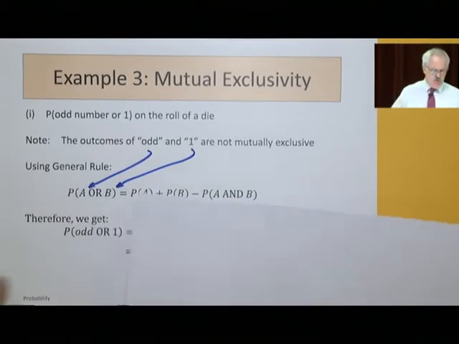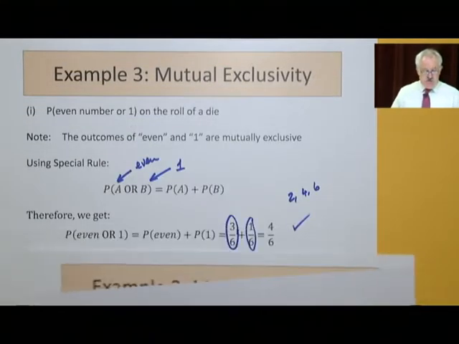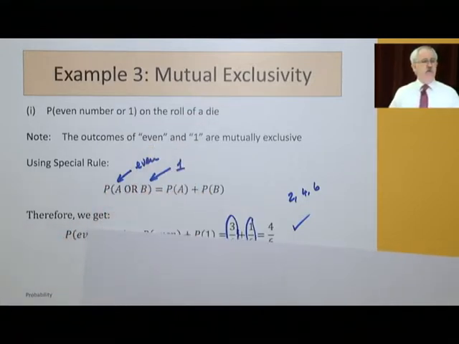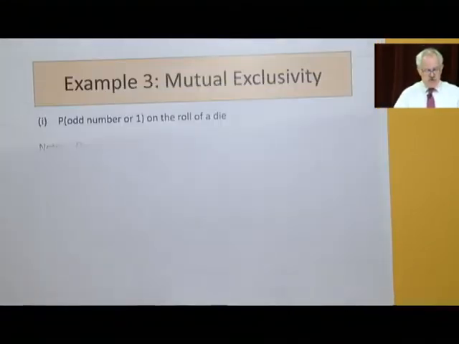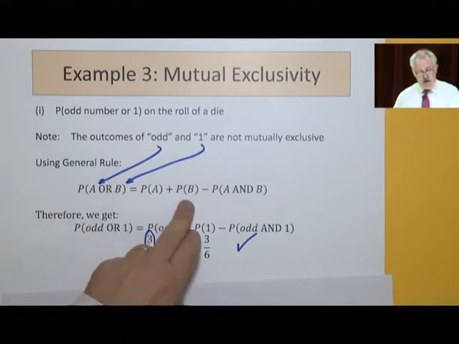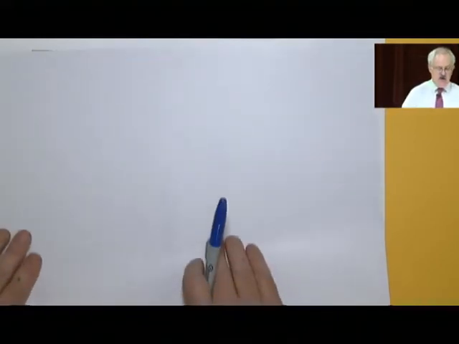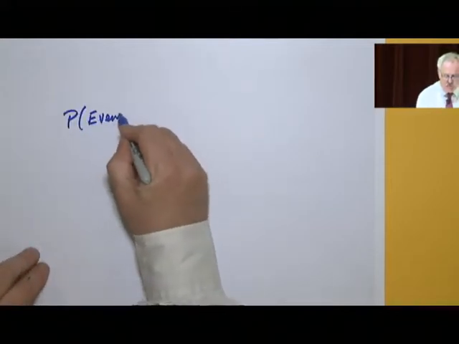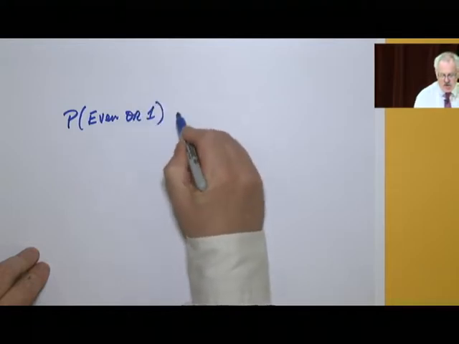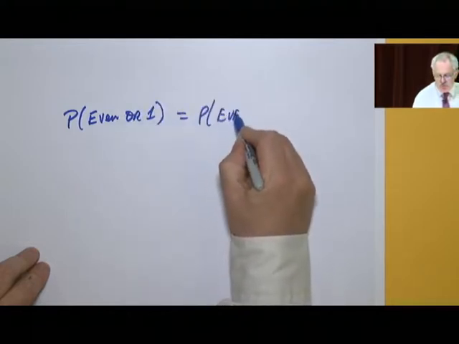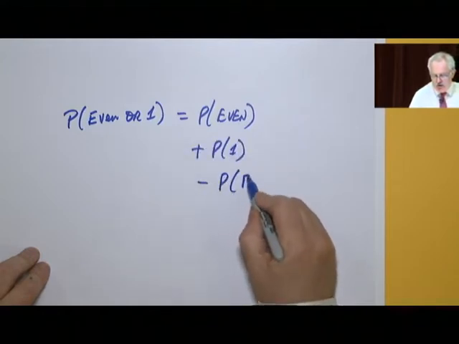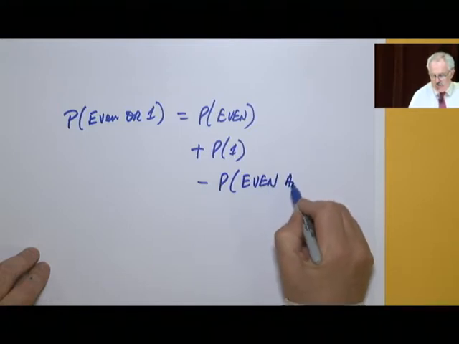Now, let's say we use the general formula for this case, the even or 1. What would have happened? Well, the general formula works every time. So it says P(A or B) is P(A) plus P(B) minus P(A and B). So you'll say P(even or 1) is P(even) plus P(1) minus P(even and 1).